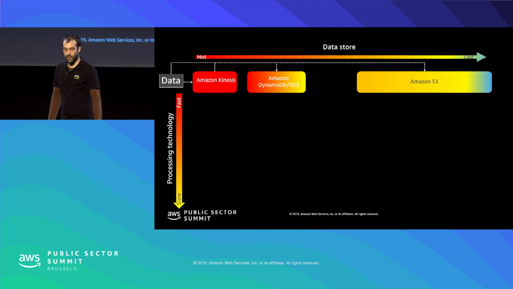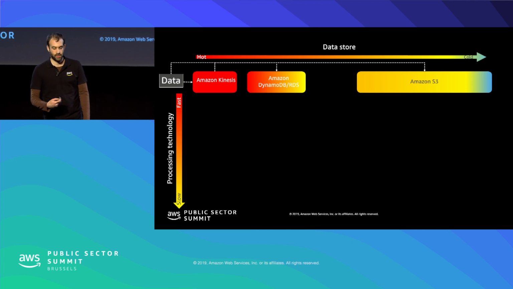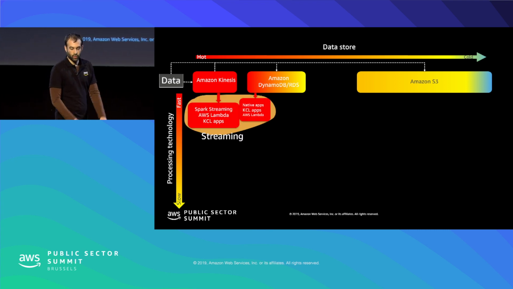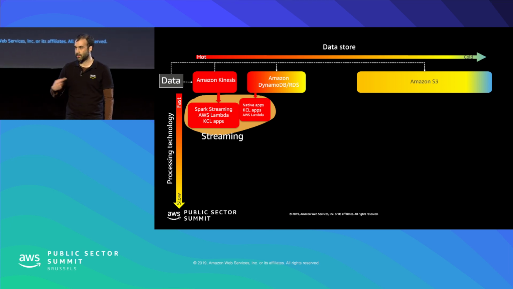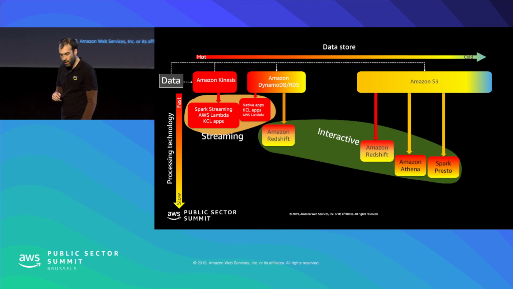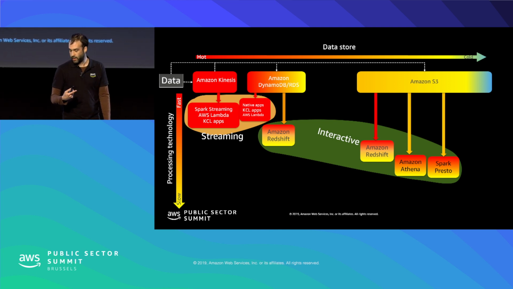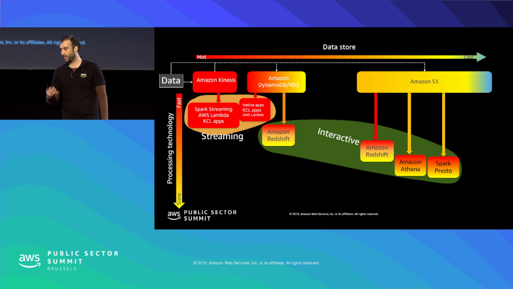So as the data arrive, you see Kinesis as storage for the hot data, and then for analysis, Spark streaming, Lambda, KCL applications. For interactive analytics, Redshift to load data from RDS or Amazon S3 and then allow you to query data.